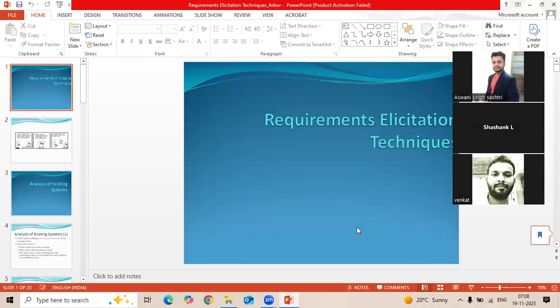The same question can be asked as: what are the different requirement elicitation techniques that you use as a business analyst? And third: what are the different requirement elicitation techniques available that you are aware of, and which one have you used the most?